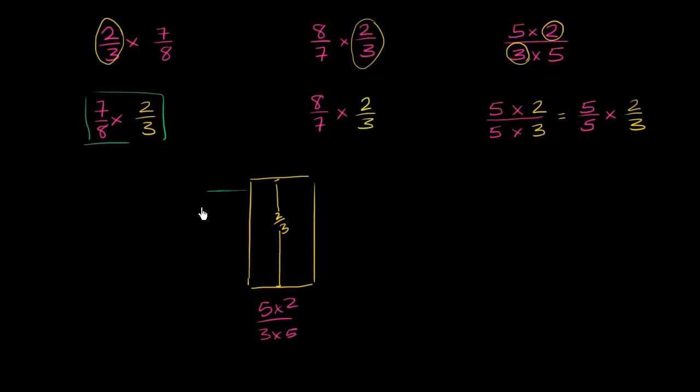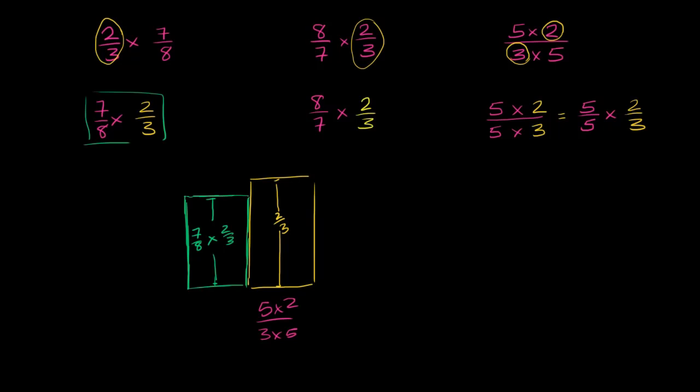Let me see if I could draw it. Yeah, it would look something like this. If the yellow height is 2/3, then this height right over here would be 7/8 times 2/3.